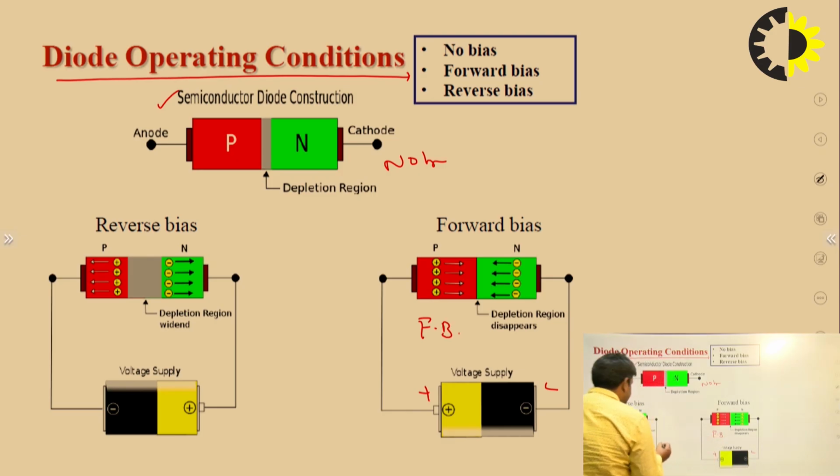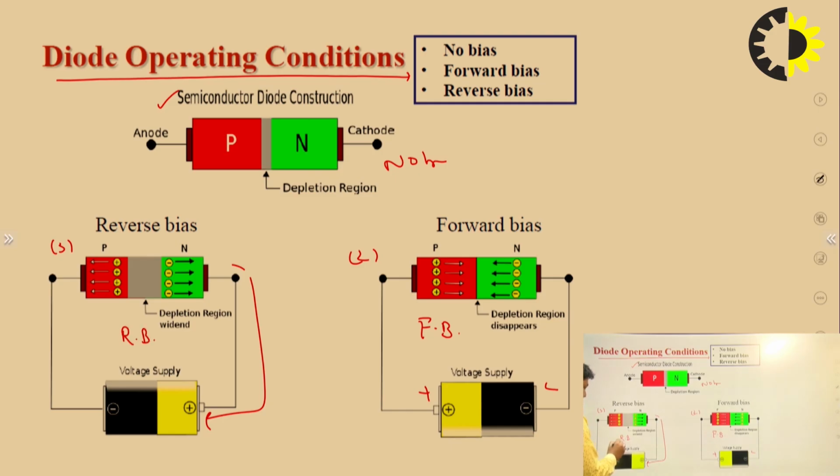This one is the second case and this one is the third case. If the p-type terminal is connected to the negative terminal of the battery and the n-type to the positive, this connection is called the reverse bias connection. In reverse bias, ideally no current flows.